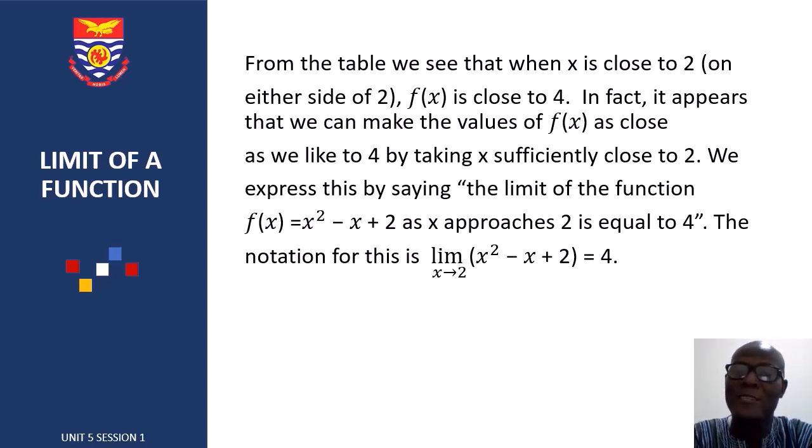And we express this by writing that the limit of the function f of x, which equals x squared minus x plus 2, as x approaches 2 is equal to 4. The notation for this is written as the limit as x approaches 2 of x squared minus x plus 2 is equal to 4.